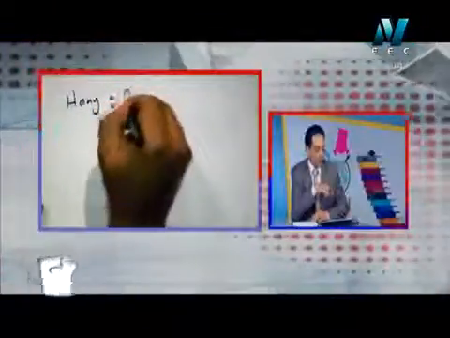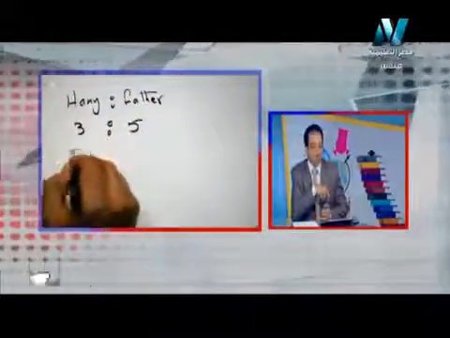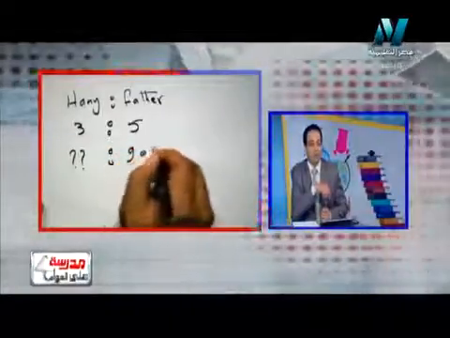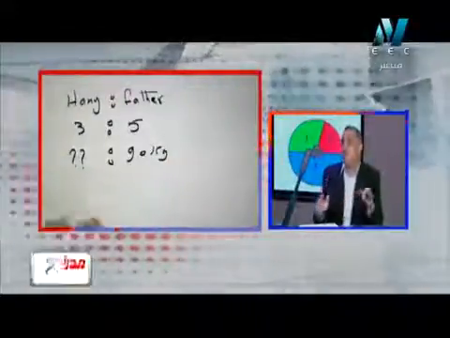Another problem says: the ratio between Hani's weight to the weight of his father equals 3 to 5. So, what is Hani's weight if the weight of his father is 90 kilograms? We have to read our problem very carefully.